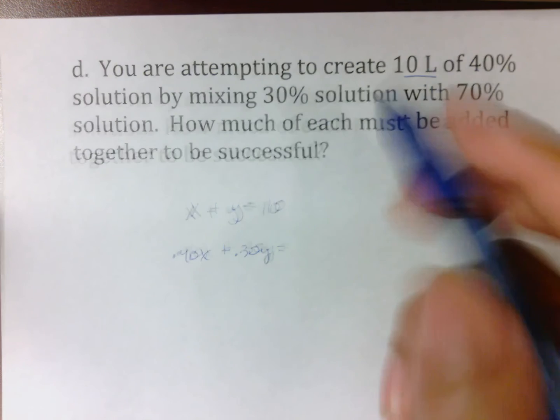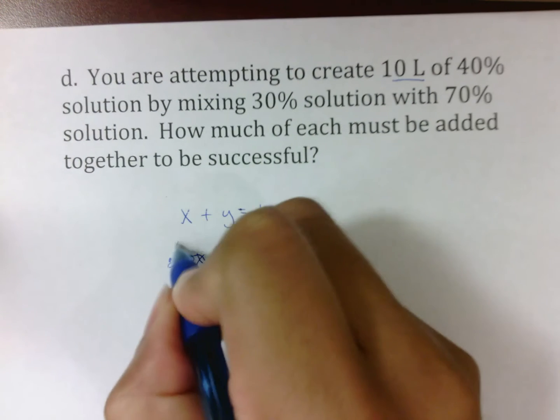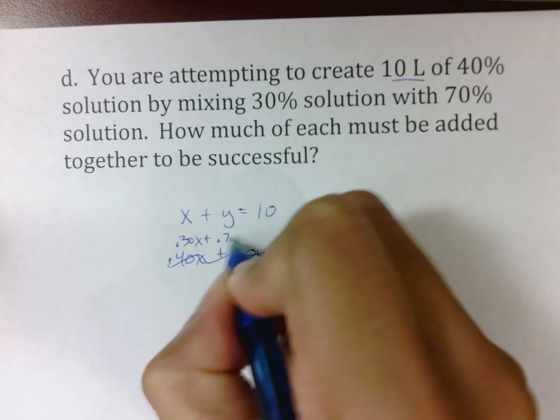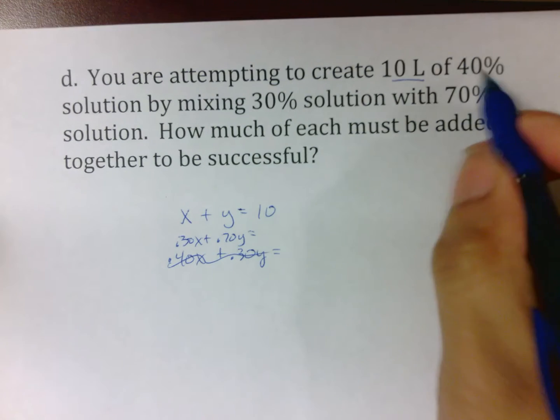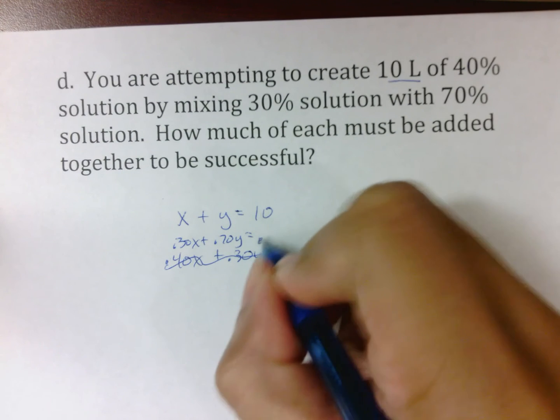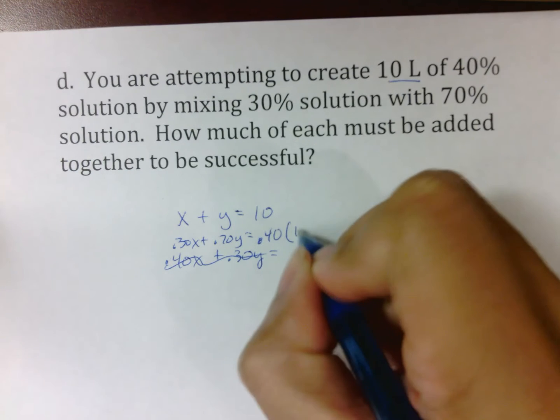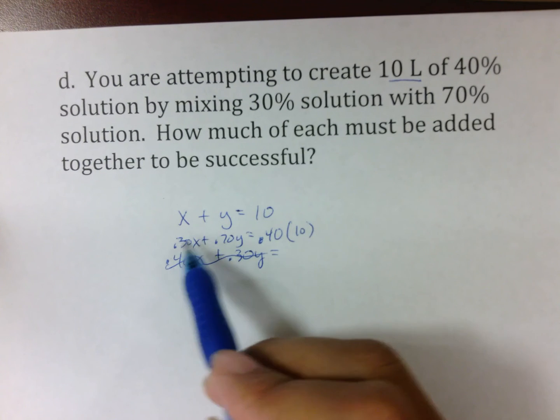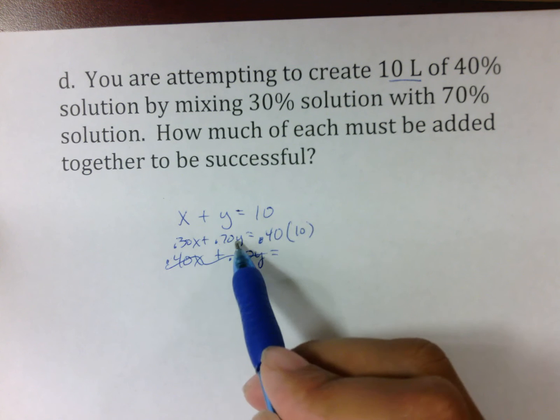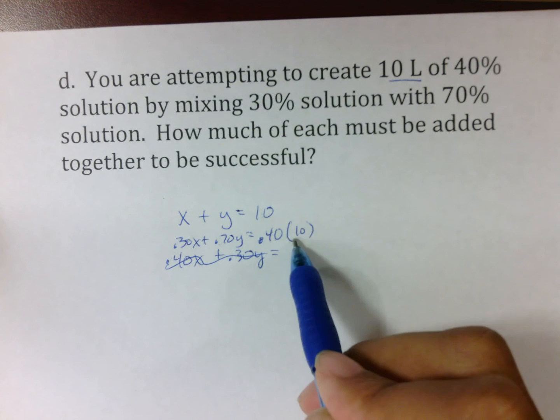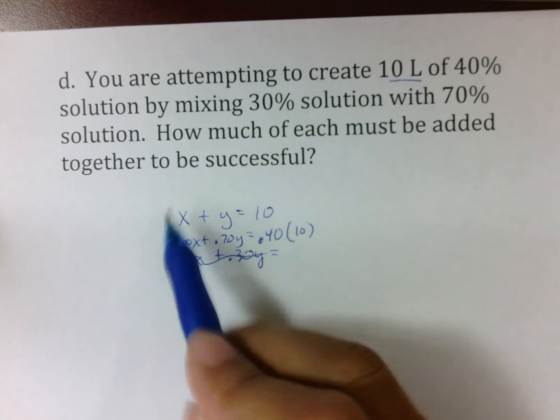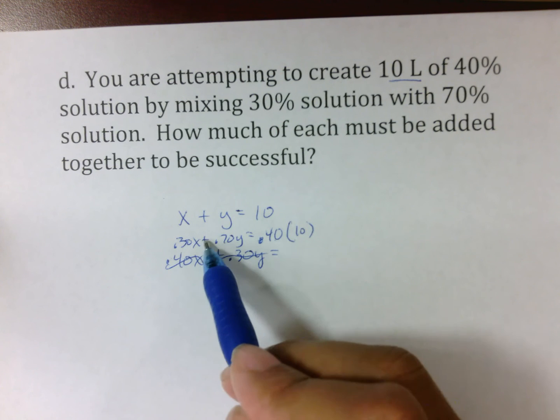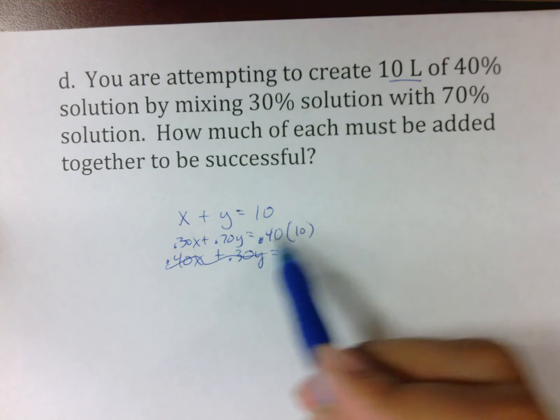You're mixing 30% solution and 70% solution to make 10 liters of 40%. So you want 40%, and you have to consider the fact that you are making 10 liters of it. So notice it's percent times amount plus percent times amount equals percent times amount. This here is just talking about how much you want altogether.